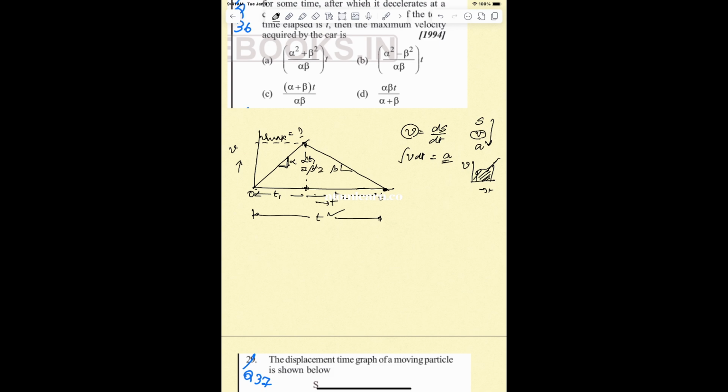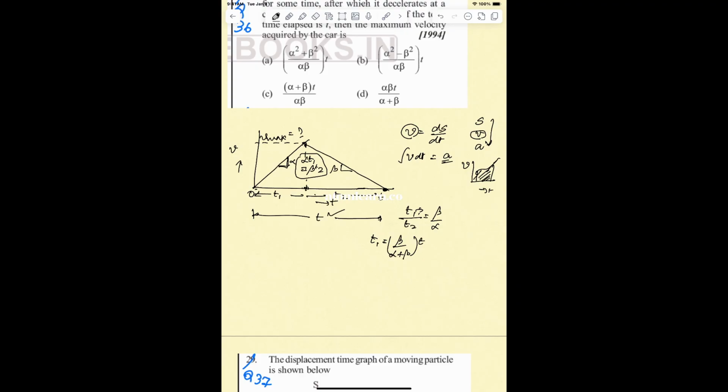Because alpha T1 equals beta T2, T1 by T2 equals beta by alpha. Therefore, T1 is to T2 equal to beta is to alpha. Therefore, T1 should be equal to beta by alpha plus beta times T.